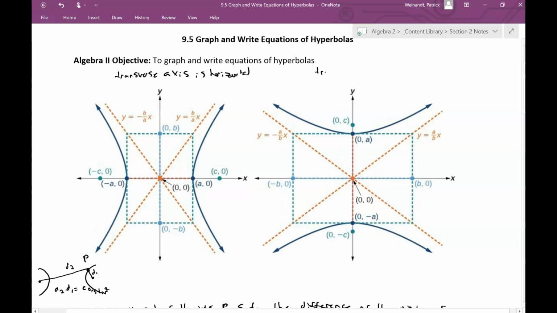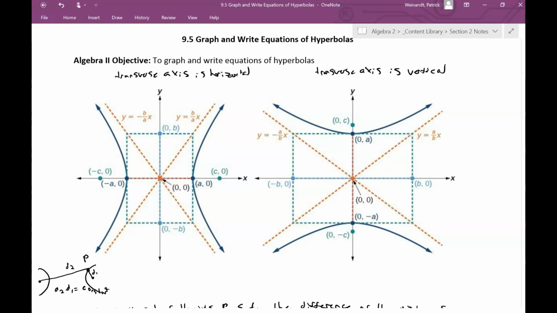Whereas in this one, the transverse axis is vertical. And remember that the transverse axis is what connects those vertices. Okay, so again, the transverse axis is horizontal if your x squared value is positive. Your transverse axis is vertical if your y squared value is positive.